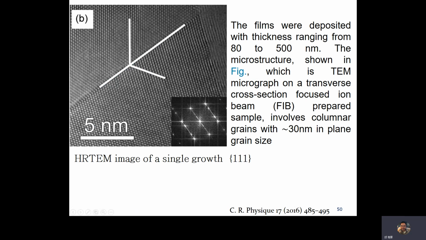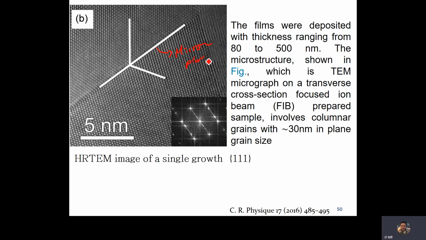Okay, I just show some academic paper. I think it's a TEM image. It's created from the FIB, focused ion beam, to slice the metal into a very thin slice. And we can observe the structure, this is the mirror, right?